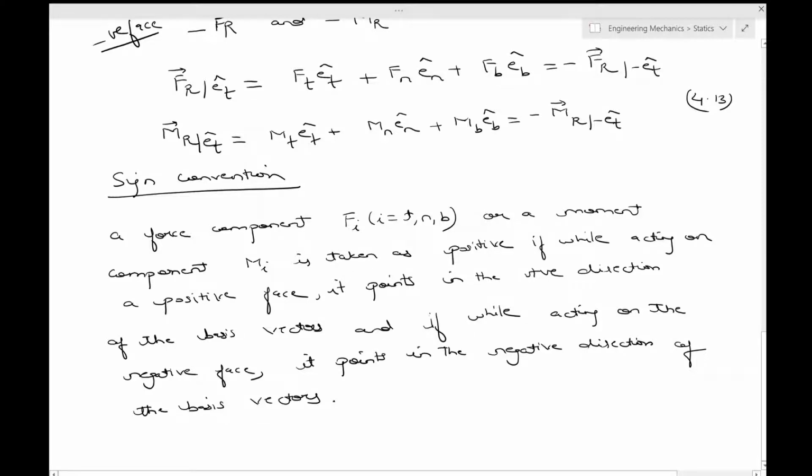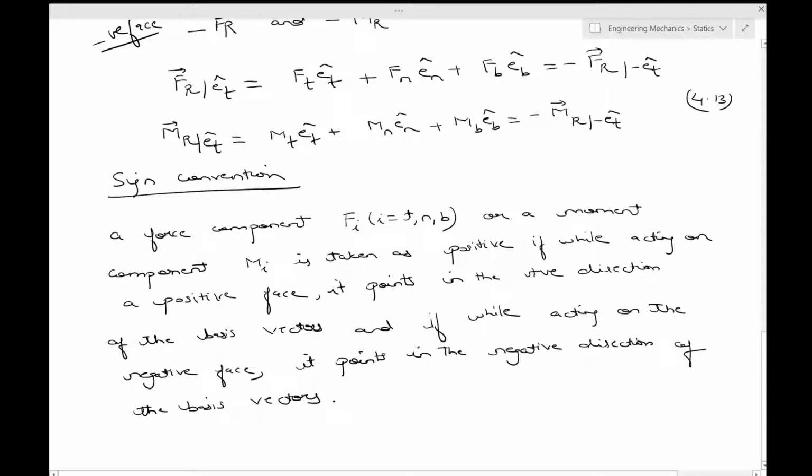So this sign convention avoids confusion. If the component acts on the positive face and points in the positive direction of the basis vector, it is positive, and if it acts on the negative face and points in the negative direction of the basis vector, it is still positive.